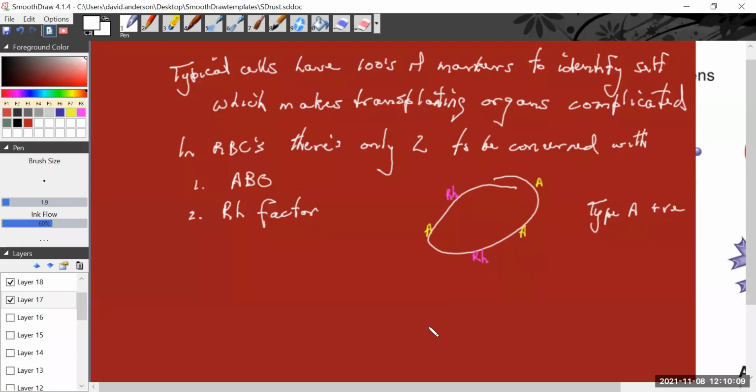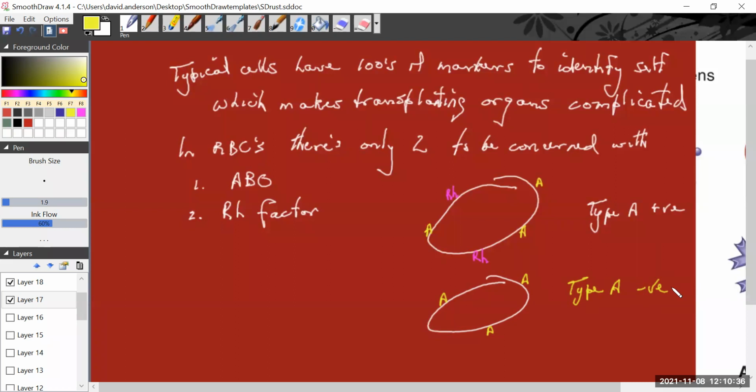The person below here that has type A blood, but no marker, is type A negative. So there's only two things to worry about with respect to the Rh factor. Either you have it, positive, or you don't.